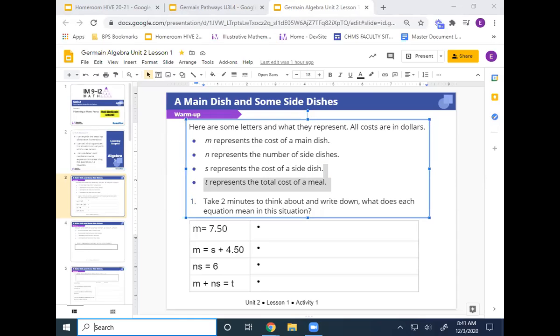So when you look at M is equal to 750, using what we know about what M represents, I want you to tell me what that equation means. Then I want you to look at these other ones, use these variables up here to explain what each of these statements means. You're taking a minute and a half right now to identify what each of those equations and expressions represents in the story, okay?